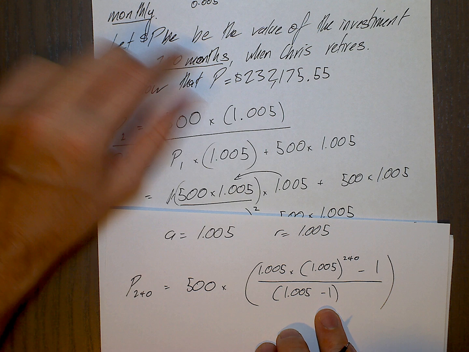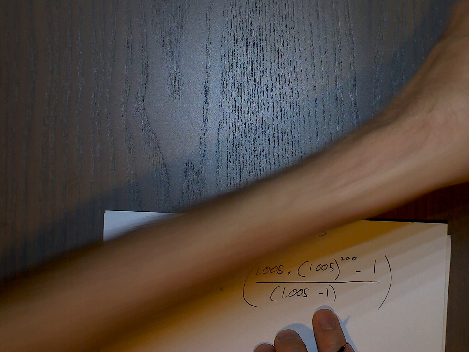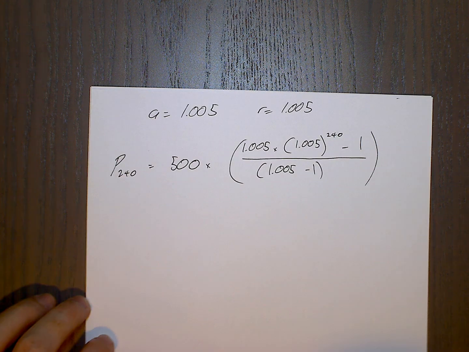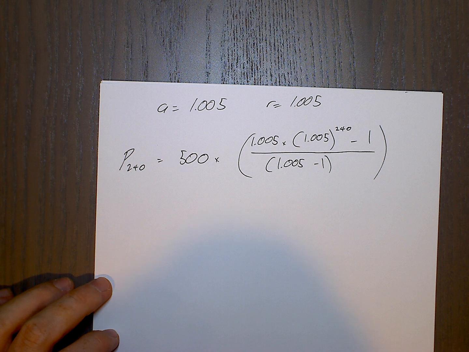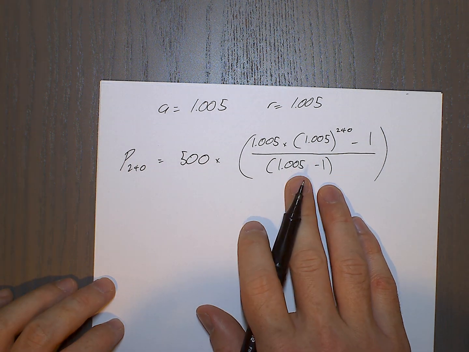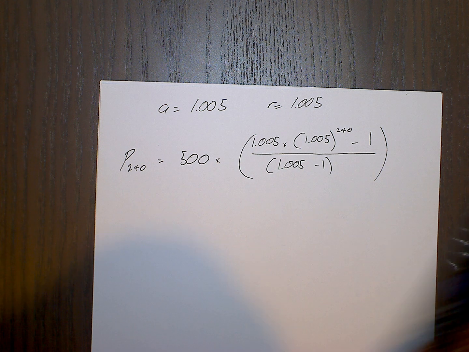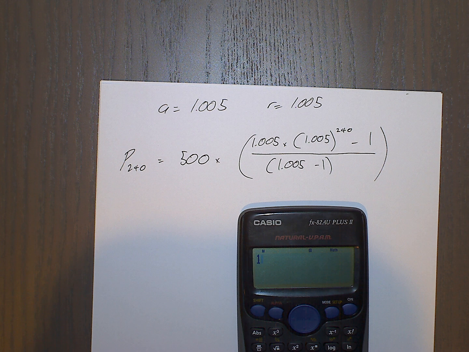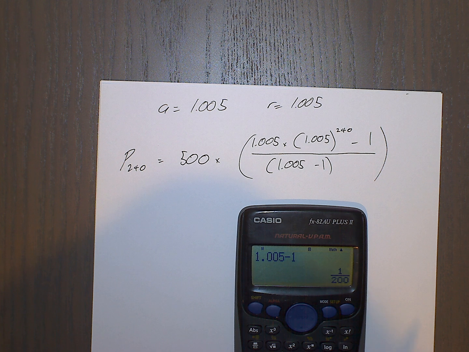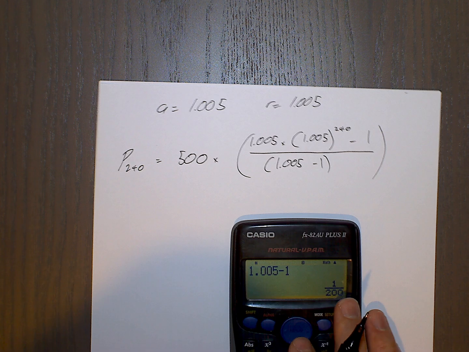This gets a little bit odd in the sense of why they choose to answer it this way, but sometimes with these proving questions, they do this. Just to make it clear, I just want to calculate this part here. If I go 1.005 minus 1, I end up with 1 over 200.